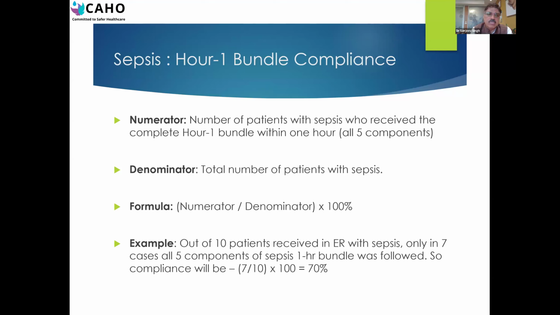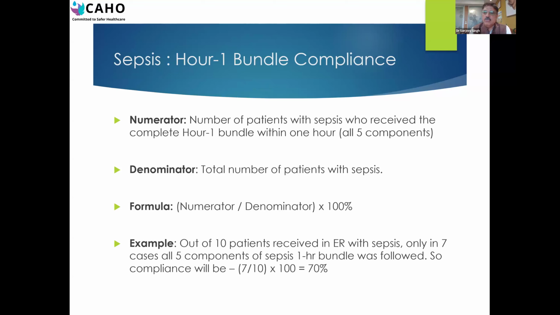Now, how do you calculate it? The numerator would be all those patients where you have done the 1 hour bundle capturing those 5 salient features, divided by those patients at ER or ICU who are septic. Many patients may present with acute kidney injury or acute liver failure, looking like sepsis.